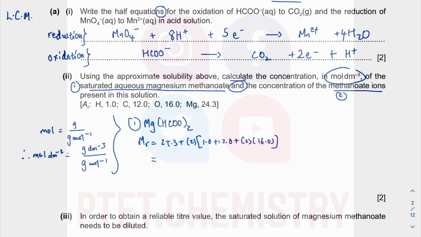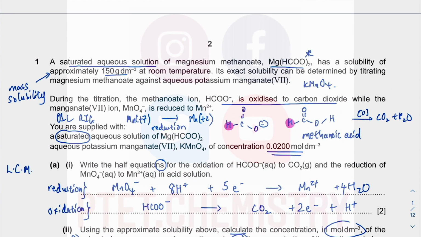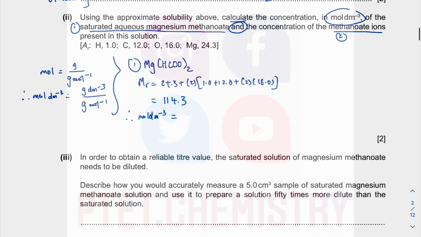So I got 114.3. Then the mole per dm cube of the saturated solution, therefore the mole per dm cube is equal to the magnesium metanoate has a solubility of 150 gram per dm cube, approximately 150 gram per dm cube, divided by the molar mass, which is gram per mole.